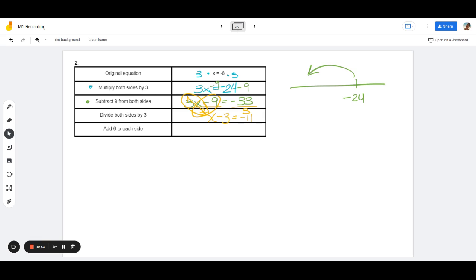And then we want to add 6 to both sides. So plus 6, plus 6. And of course, on your papers, you'll have more room. I'm just trying to fit it in this little box here. So now we have x minus 3 plus 6. Well, minus 3 and plus 6 are both constants, so we can combine them. If you wanted to think of this as plus negative 3, you could just say negative 3 plus 6.